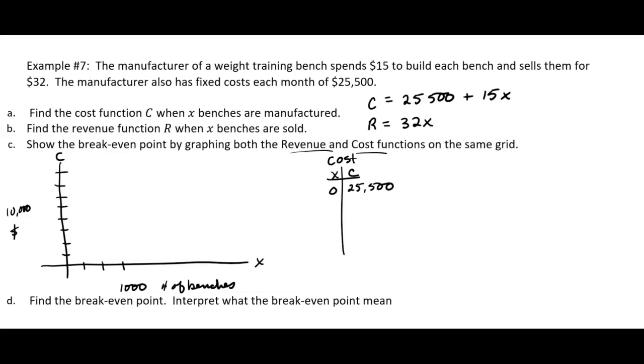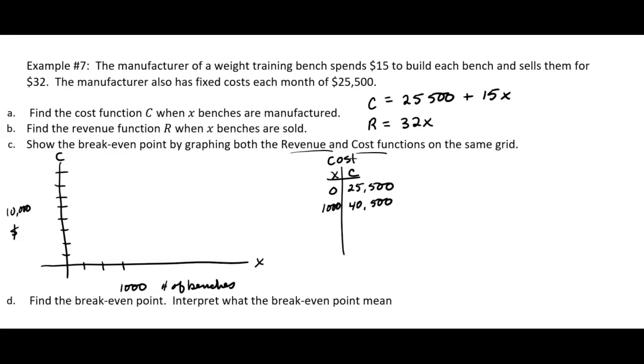Then let's say I make 1,000 benches. So 1,000 would be 25,500 plus 15 times 1,000. And that would give me a total of 40,500. So I'm plugging in that 1,000 into the cost equation there. Okay? So those are two ordered pairs.